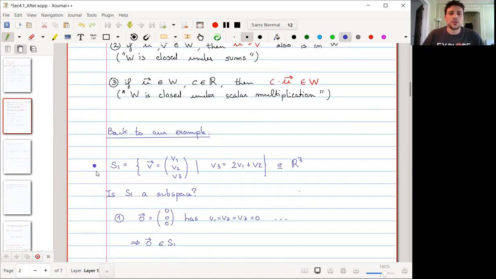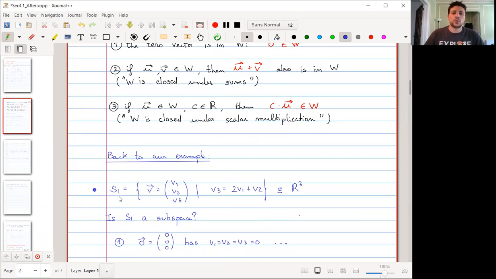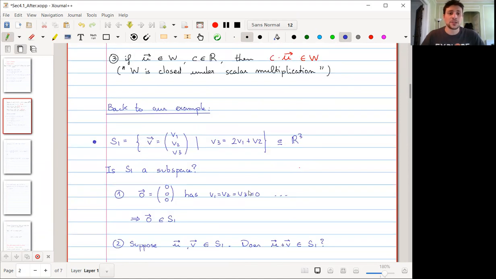The first that I want to consider is the set S1, which is the set of vectors whose entries satisfy a certain linear relation: v3 is equal to 2v1 plus v2. Is S1 a subspace? Well, we can check the definition. The first thing that we need to check is whether the 0 vector belongs to S1.